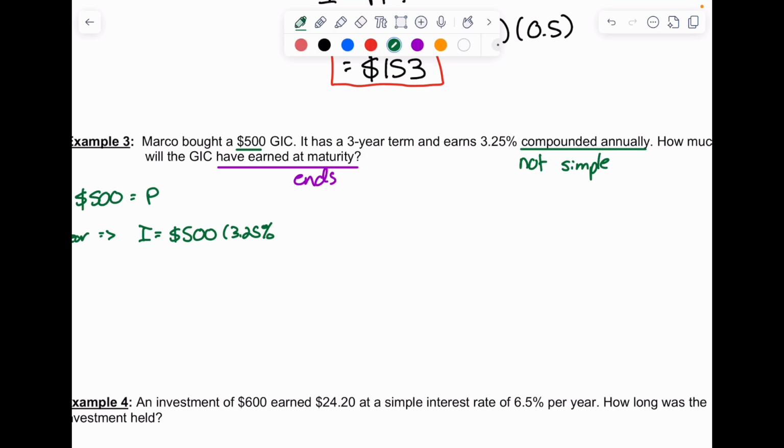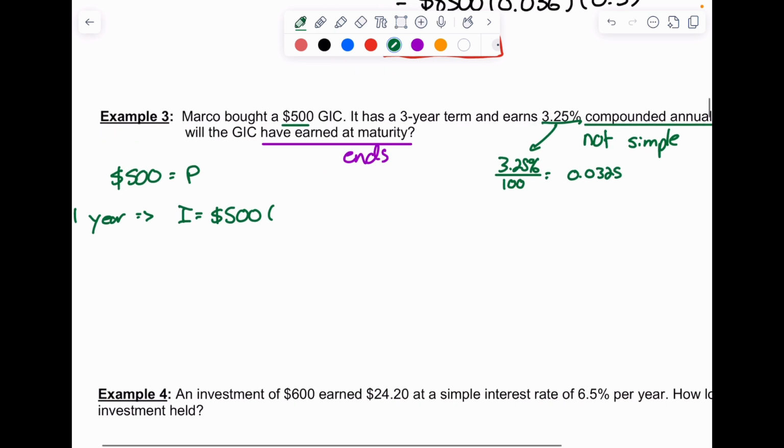We need that as a decimal, so divide by 100. That's 0.0325. That's our rate.